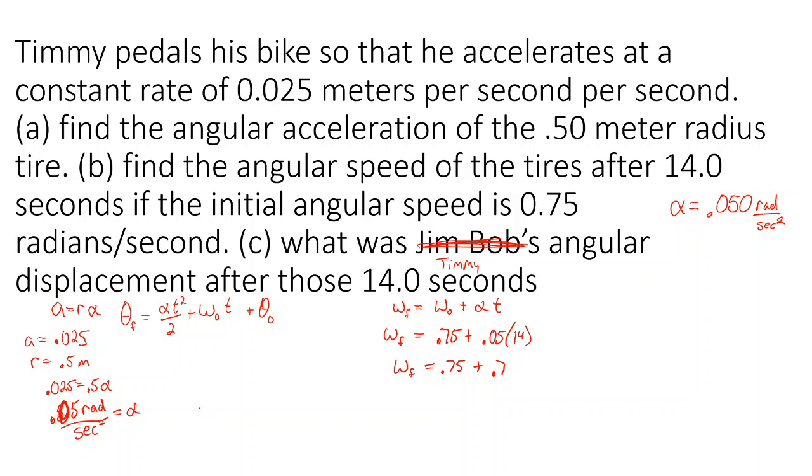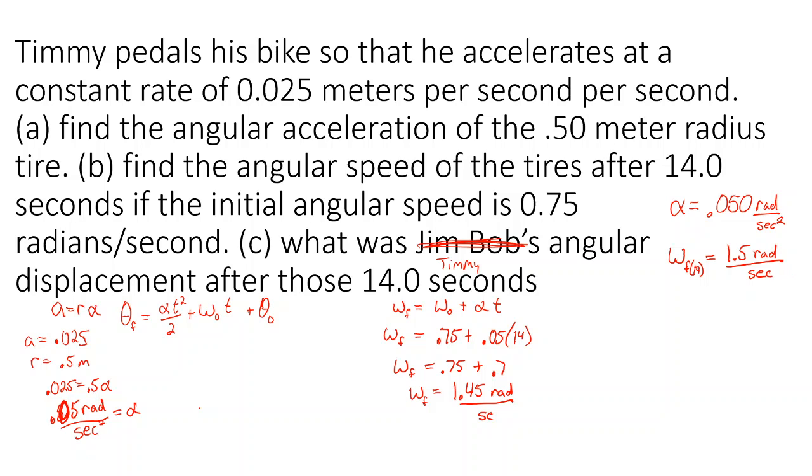Our final angular speed isn't very fast. 1.45 radians per second. 2 significant digits in my answer. Omega final at 14 seconds, let's try to be clear, is 1.5 radians per second.